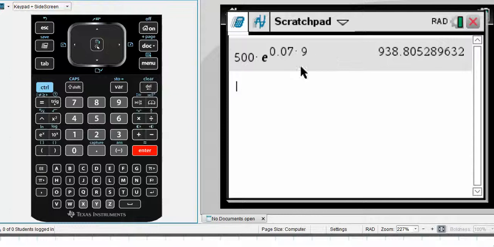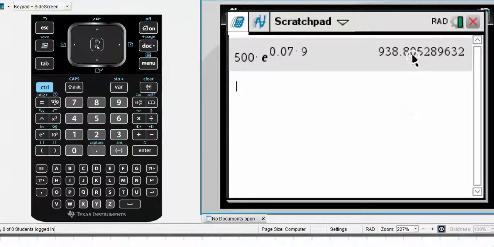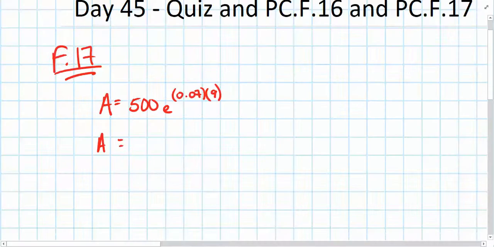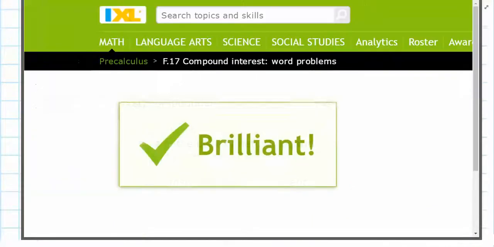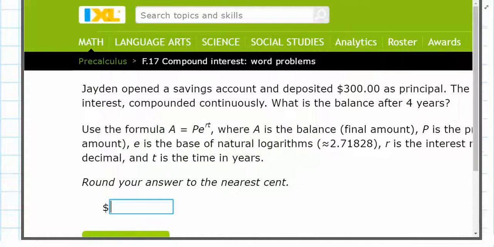So after we complete this calculation, we see that our $500 at 7% interest compounded continuously for 9 years turns into $938, and we'll round that to 81 cents. 938.81. So let's go ahead and check that answer. 938.81. And it looks like we did okay there.